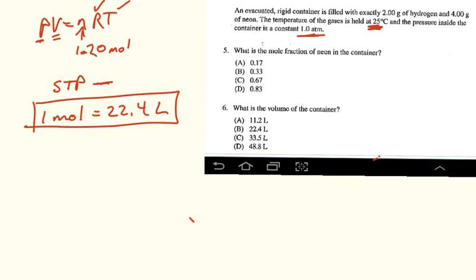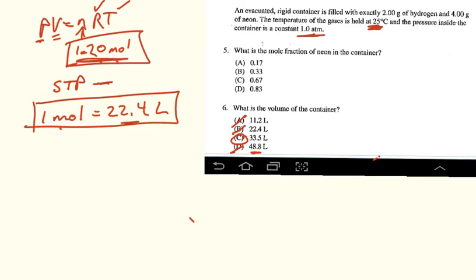So you notice we had more than a mole, so it's going to have to be greater than 22.4. So we can get rid of that, we can get rid of that, and then we get down to these two. And I don't think it's going to be 48.8 because that's more than double 22.4, and we have a little bit more than a mole up here. We have 1.2. So I think C is going to be our best answer, and that's what the key says as well.